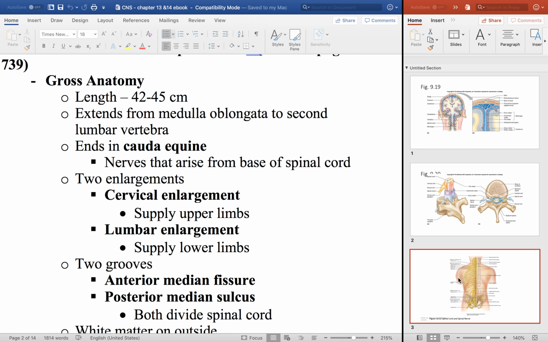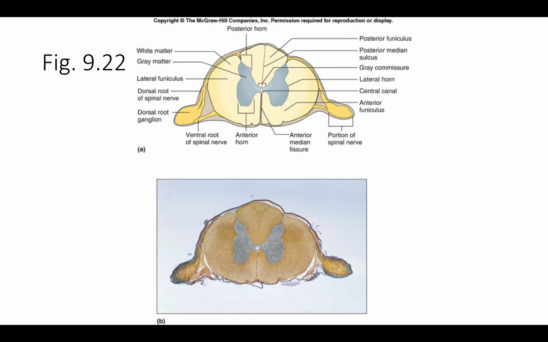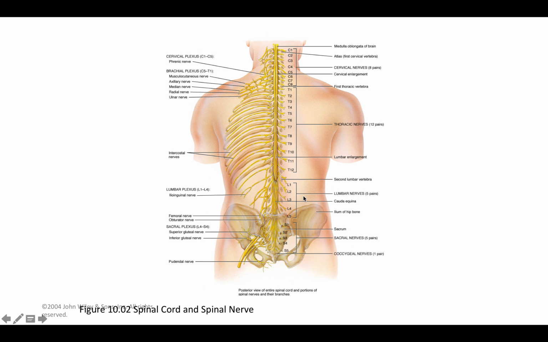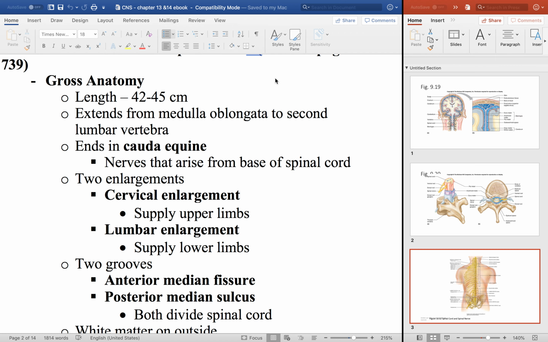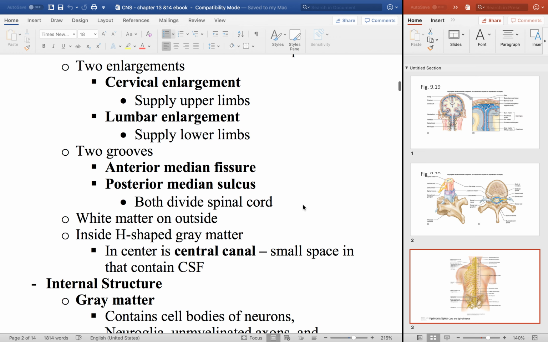Okay, if you look right here, the lumbar enlargement is right here, and that's going toward the lower limbs, and then you have the cervical enlargement, and that's here, and that's for the upper limbs. You can see it's not like huge, but you do need to know that the cervical enlargement supplies the upper limbs and the lumbar enlargement supplies the lower limbs.